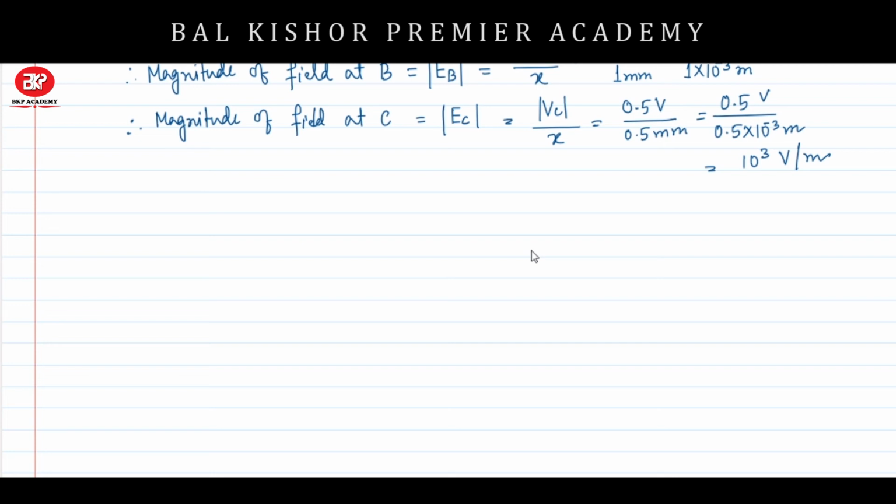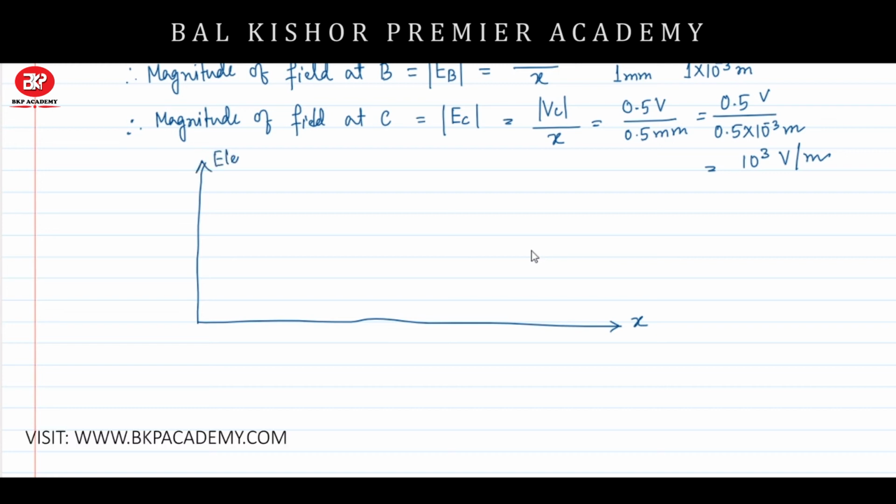On the x-axis we will use the x value, that is the position value, and on the y-axis we will use the electric field value, denoted as E, the magnitude of the electric field.